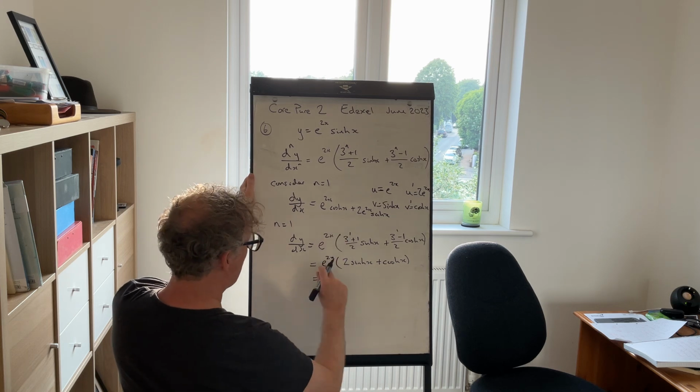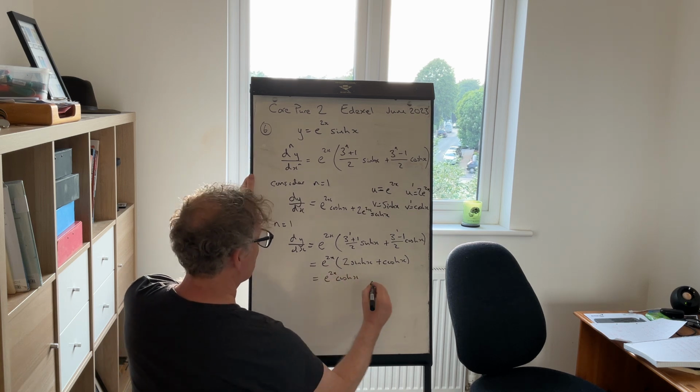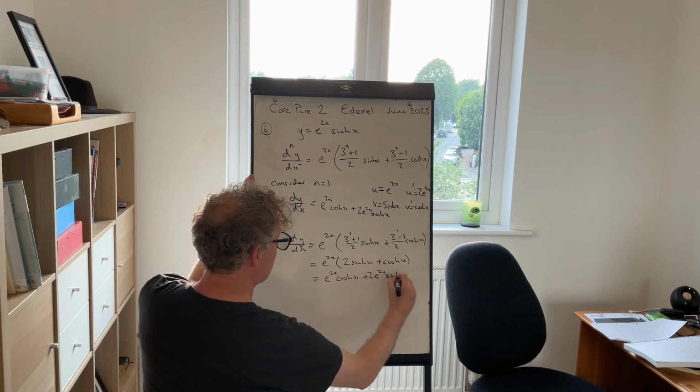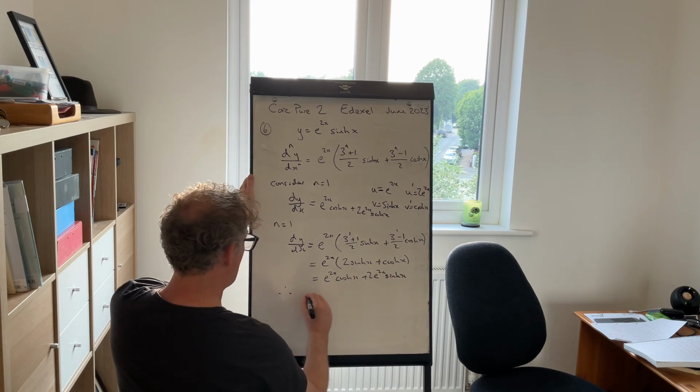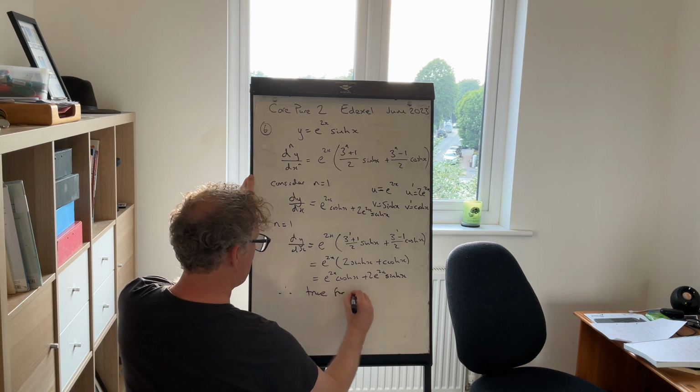And let's go whole hog now. That times that is e to the 2x cos x, and then that times that is your 2e to the 2x sine x. So therefore, true for n equals 1.